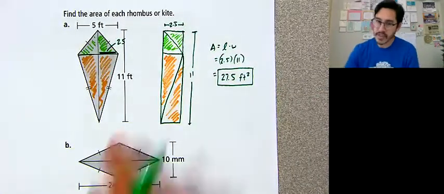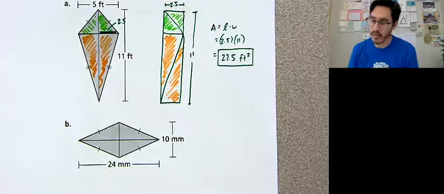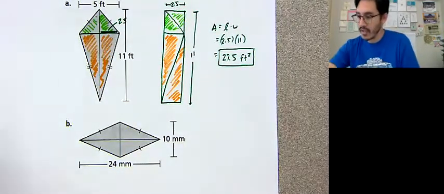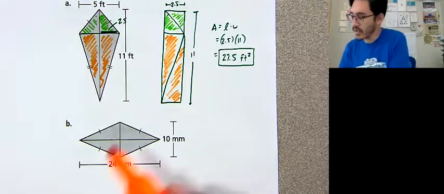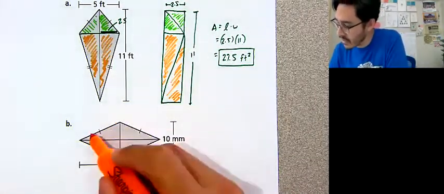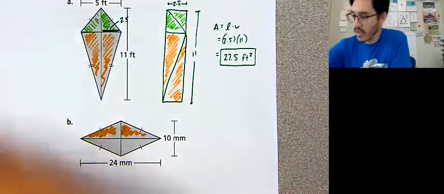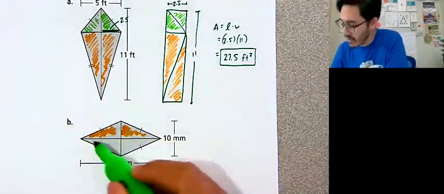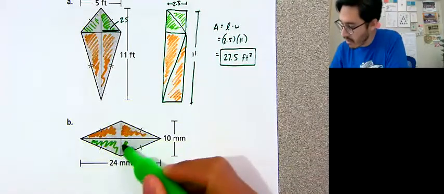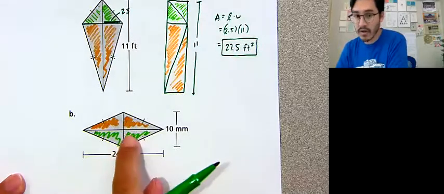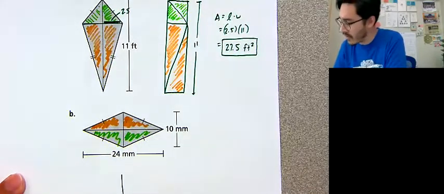So this restitching strategy is going to work again here in part B. Let's color code it here. So let's do the top ones in orange, and then the bottom ones in green. So I'll copy the right side of this figure.